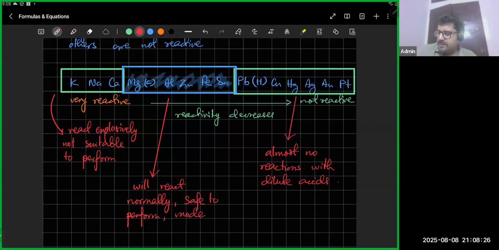They're going to have moderate speed, so it's not going to take them years to react. They will react within like 5 minutes, and the reaction will be over.